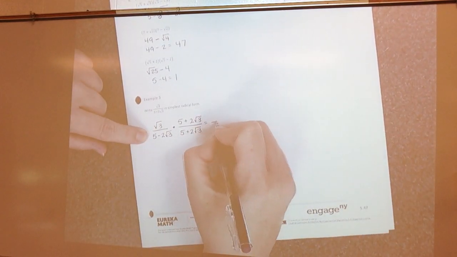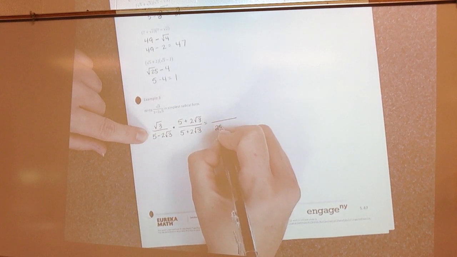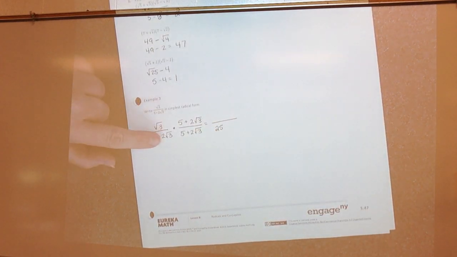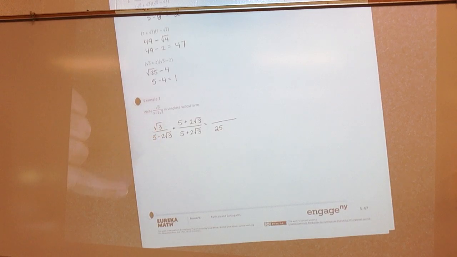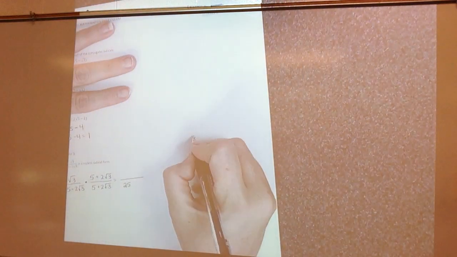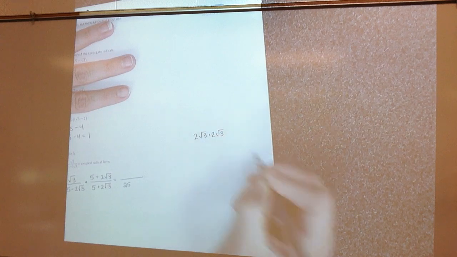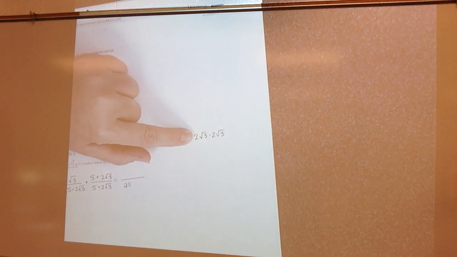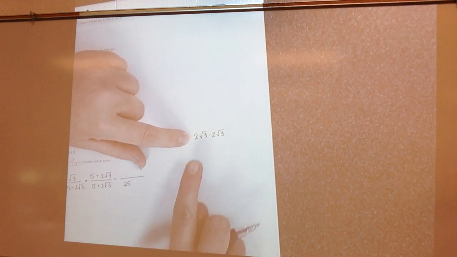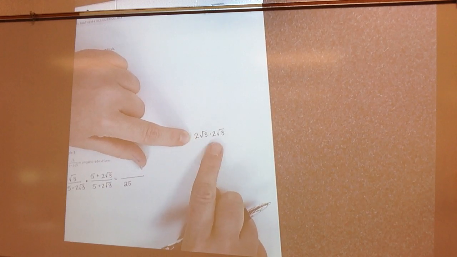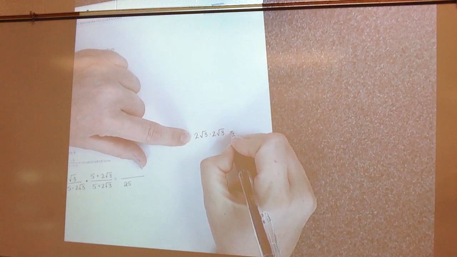5 times 5 is 25. And then 2 square root of 3 times 2 square root of 3. I want you to see what happens here. I'm going to multiply everything outside the radical. So 2 times 2 is 4.